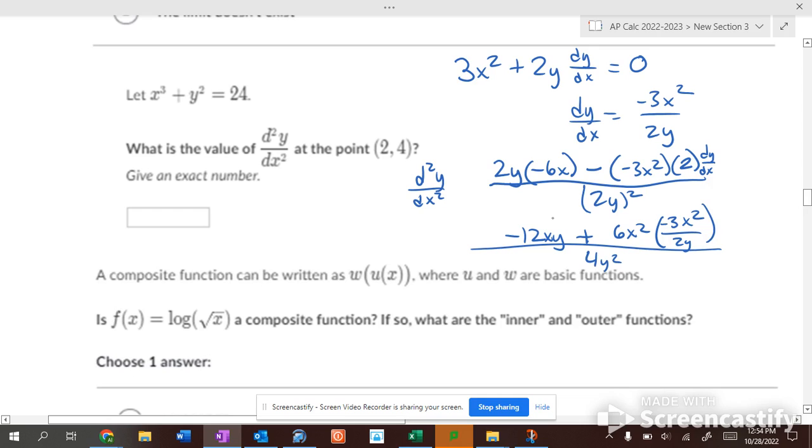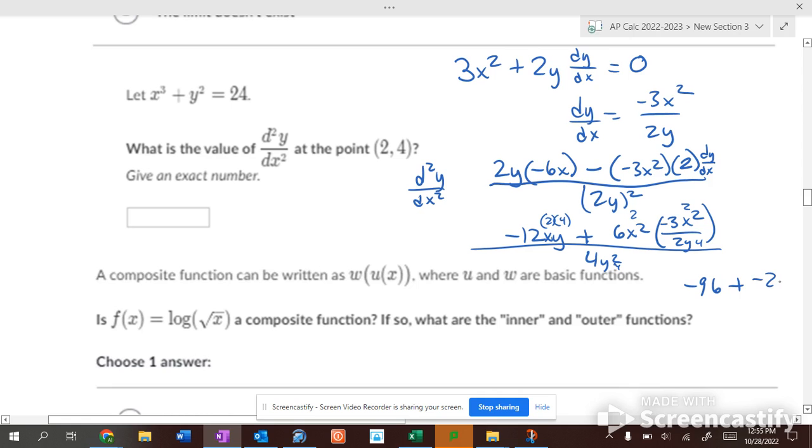So if we stick in a 2 and a 4 and a 2 and a 2 and a 4 and a 4, we get negative 96 plus, this is negative 12, this is 24, correct?